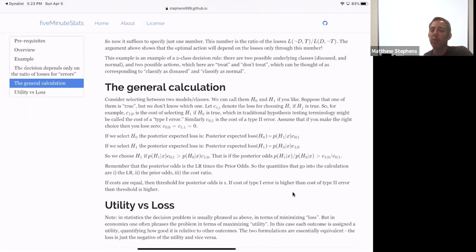That is, we're doing the case where the ratio of the costs is 1. If the posterior odds is more than 1, you'll choose H1, otherwise you'll choose H0. So intuitively, if all the different mistakes are equally bad, you just end up choosing the class that has the higher posterior probability.